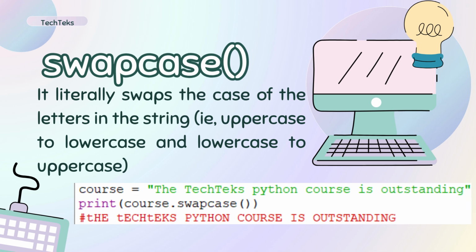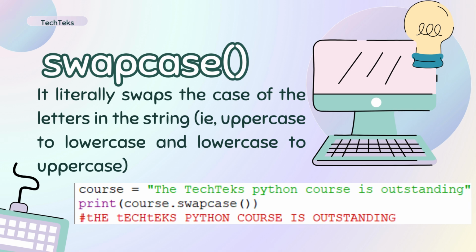Next up, we have the swapcase method. What it literally does is swap the case of the letters in the string. This means that it swaps the uppercase to lowercase and the lowercase to uppercase. So, for example, in the string course = "Techteks Python course is outstanding", it has a mix of uppercase and lowercase.